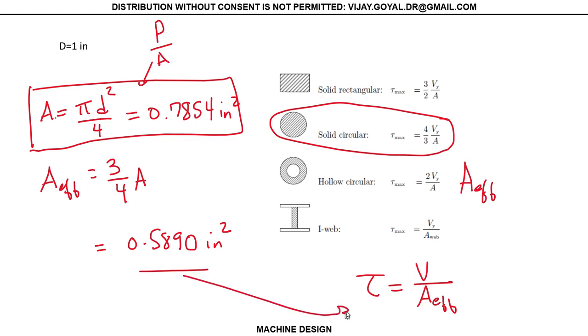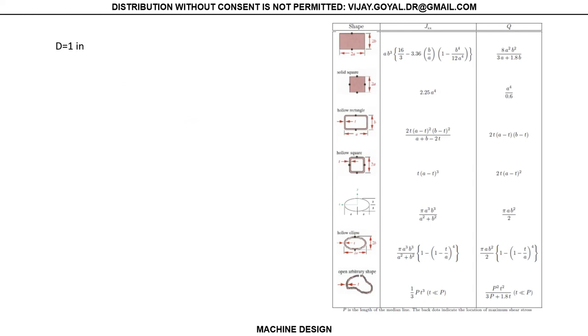This is the area that's used for P over A for my axial load, and this is the area used for my tau. For my torsion, we can come to this table, and you can see that for the case of torsion, I need to find my Q. To find your Q, you might say, I don't have a circle. Well, you have an ellipse, that's a and b, right? And so you could say this is pi, where a is equal to b, but note that this is half.